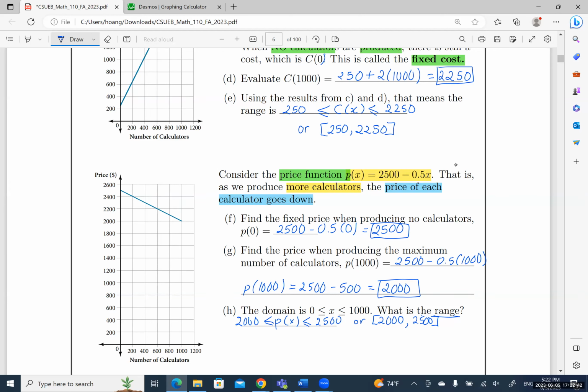There's a case where the price function is increasing, but I'm going to talk about that in a later chapter. For now, just keep in mind that the price function and the cost function are both linear functions.